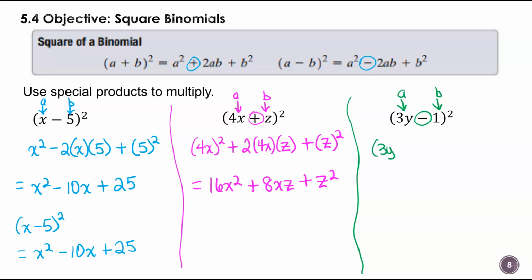So 3y squared, there's my A squared, minus 2 this time because of the minus right here, times A times B, and then plus B squared. So this would be 9y squared minus 6y plus 1, because it's just negative 2 times 3y times 1, plus 1. Now, the result that we just got is something called a perfect square trinomial, which we'll be talking about also when we factor.